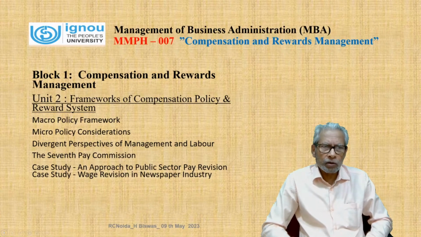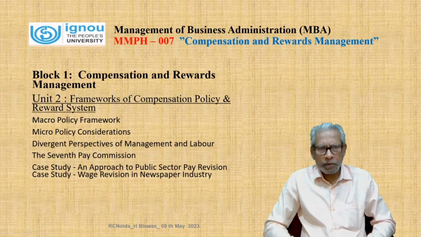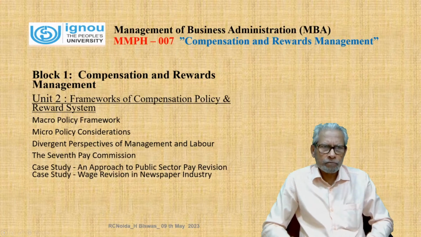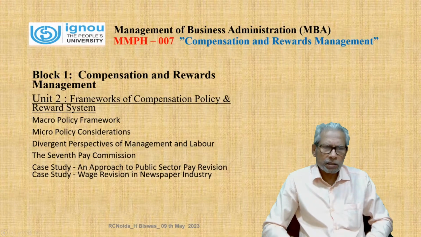Macro policy and micro policy, both are considerations. Then divergent perspectives of management and labor. The seventh pay commission is also discussed, what type of framework is there, and some case studies, the approach to the public sector and the pay divisions and such other things.